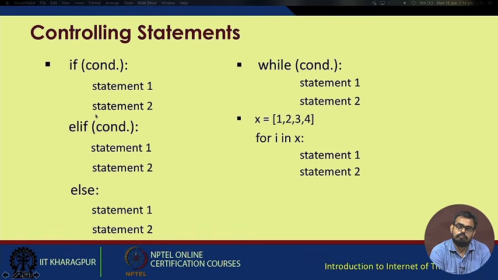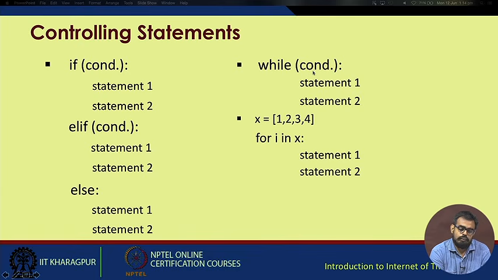So statement 1, statement 2 have to be indented. Whenever you are using else if, the syntax is elif, E-L-I-F, again a condition, then again a colon. Then post indentation you have 2 statements, and finally else, which also has 2 statements post indentation. So this is fairly simple to understand.